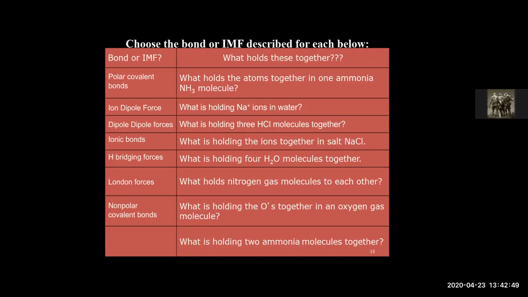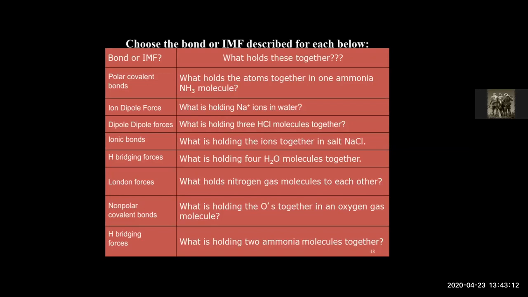So it's either dipole-dipole or hydrogen bonding. It's hydrogen bonding here because it is part of the NOF, nitrogen and hydrogen. Therefore, we have hydrogen bonding forces holding 2 ammonia molecules together.